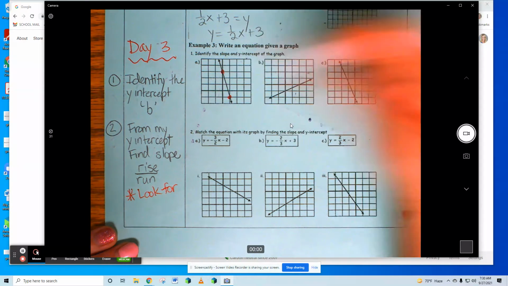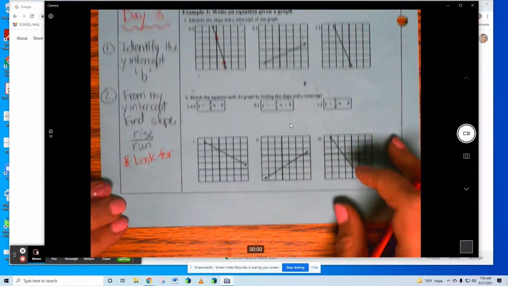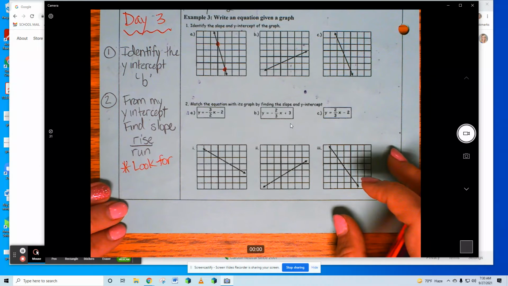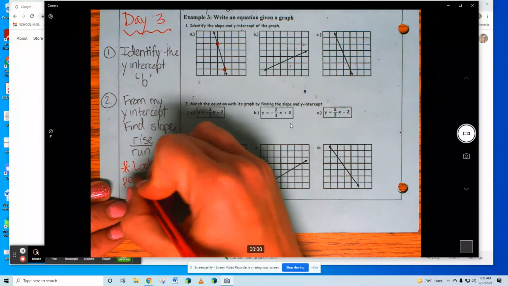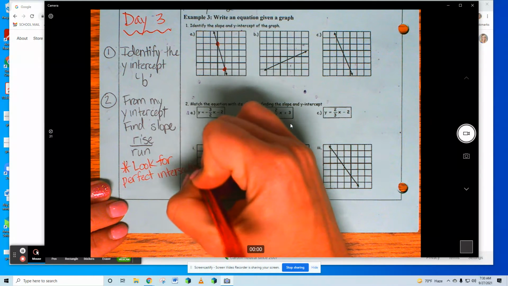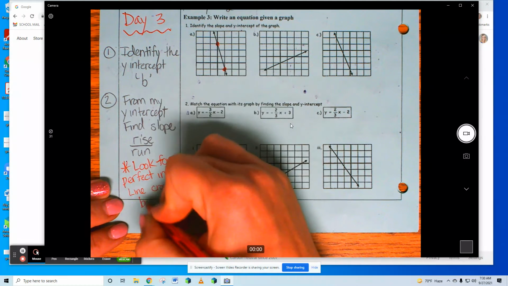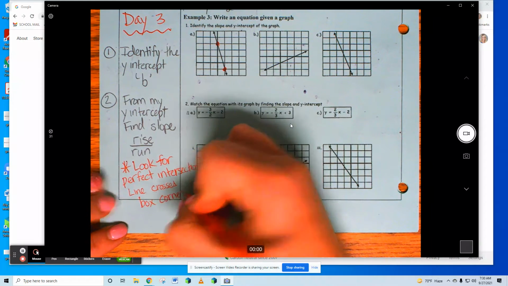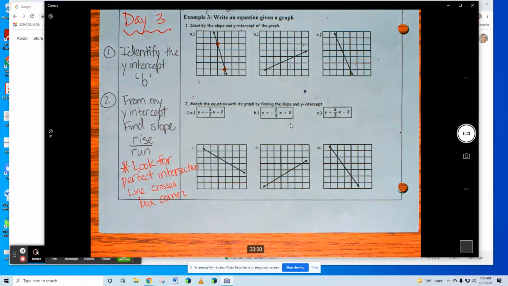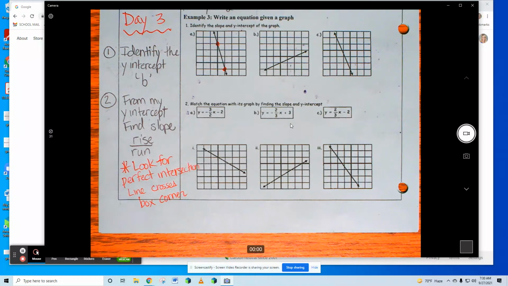Well, that's my y-intercept, but those are the two points I would focus on. A perfect intersection just means my line crosses a box corner. You can't pick something in the middle of a square. It has to hit on a corner.